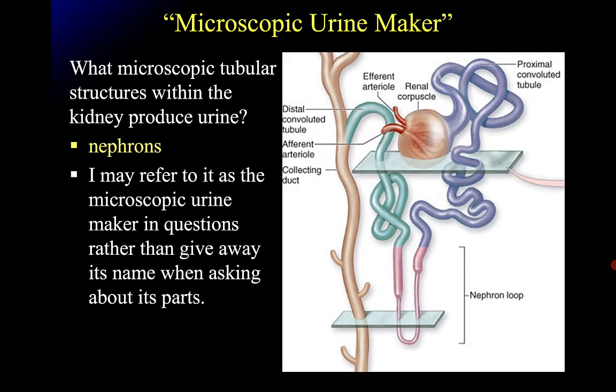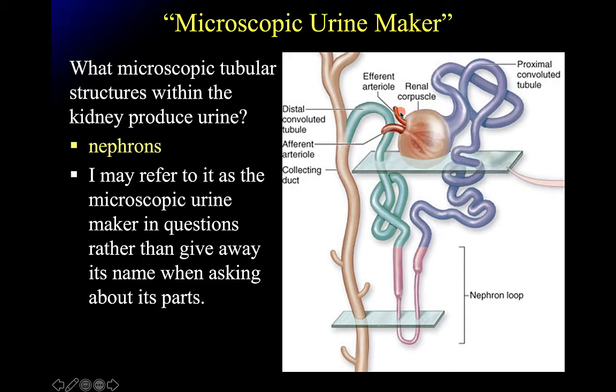Now it's time for us to take a look at the nephron. The nephron is the microscopic tubular structure in the kidney, and we have millions of these producing urine. They include a couple basic parts, the renal corpuscle here, and then the renal tubules, and then they will drain into a collecting duct. So it's all of this stuff from here up to this little ball here.